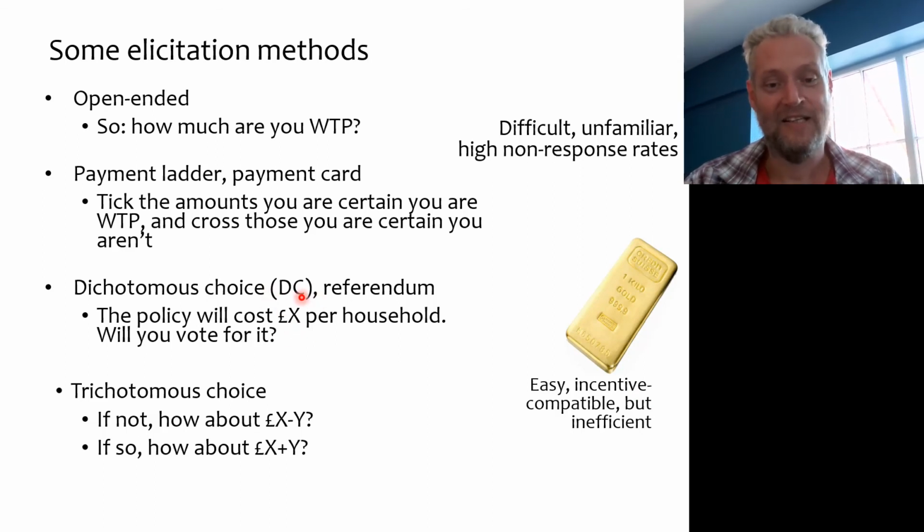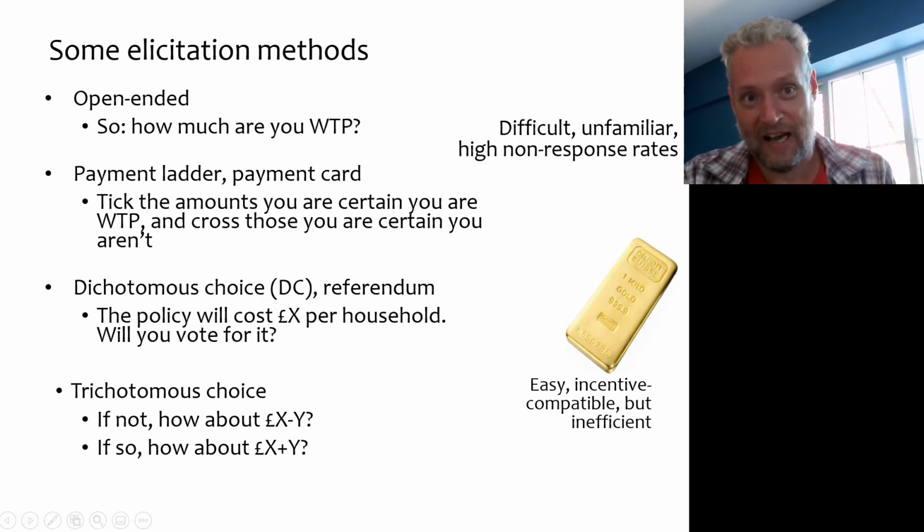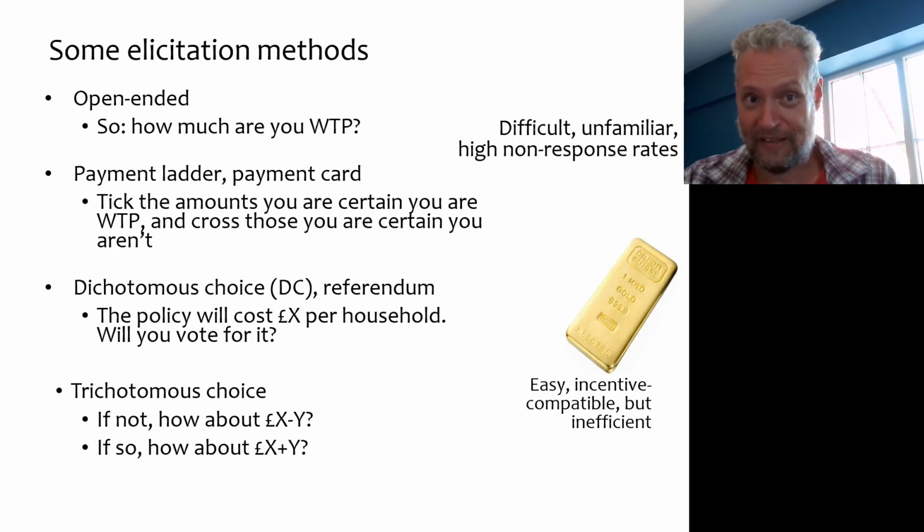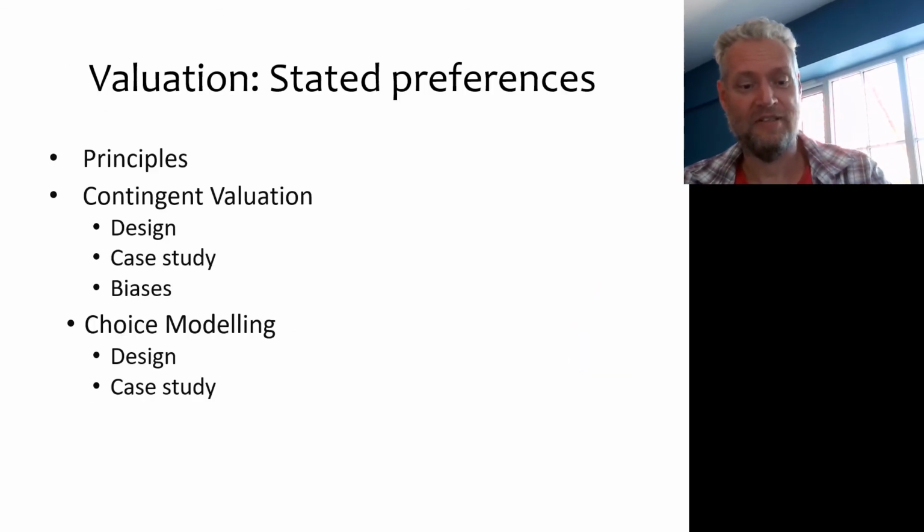You can't ask everybody the same X. You should actually ask a wide variety of X's. And if you then have heterogeneity in your sample, you have rich people and poor people, then you actually need to ask a lot of these questions before you can get an answer. So these are all things to consider in a CV design.